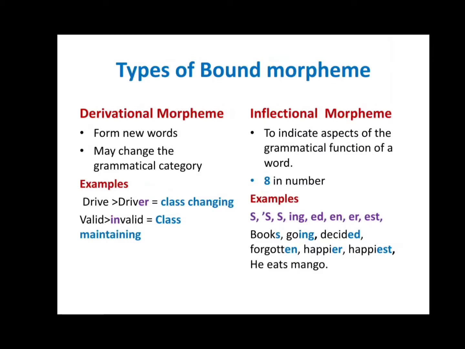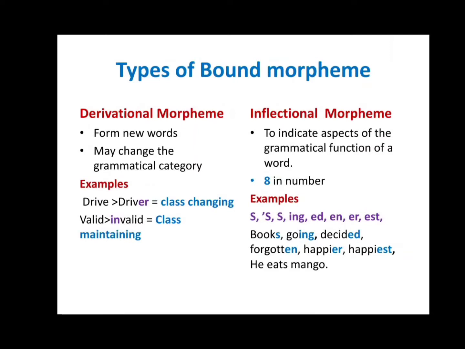For example, drive. Drive is a verb and it changed into a noun, driver. So it changed the grammatical category. So this is called class changing. Beauty is a noun and it changed into beautiful, an adjective, and this is also class changing.